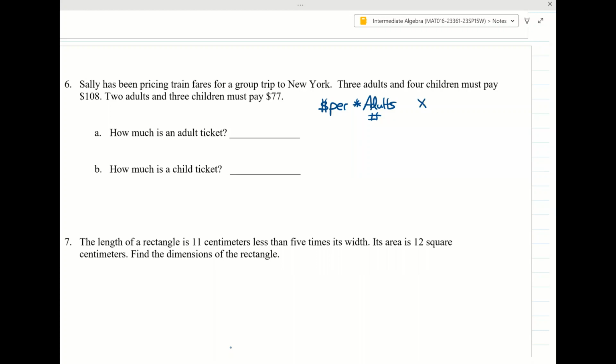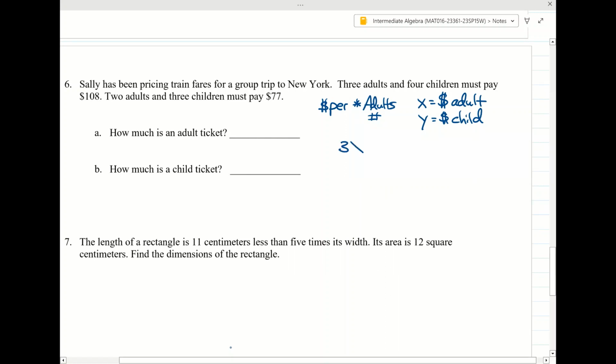So let's let X represent the cost for an adult. That's what we have to find. And Y is going to be the cost per child. So if 3 adults, well, that's the number of adults is 3. We don't know how much it costs per adult, so that's going to be X. And then 4 children, 4 times the cost per child, that equals $108. That's how we set it up.